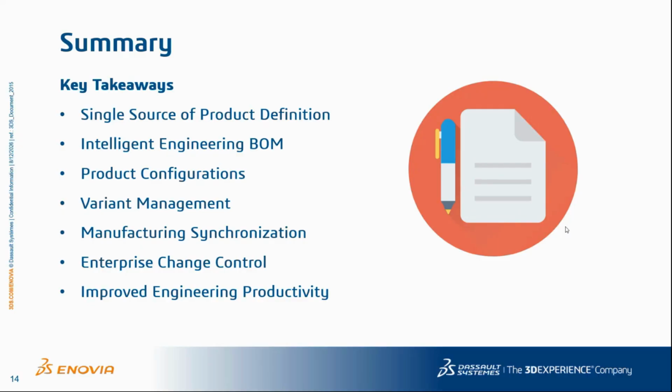You can bring in your product configurations. You have variant management where you can create n number of variants for each part. Then you have synchronization with your manufacturing teams, enterprise change control, and improved engineering productivity.